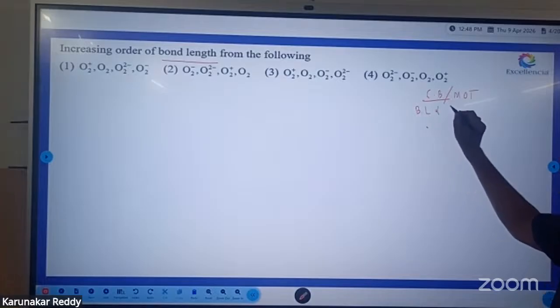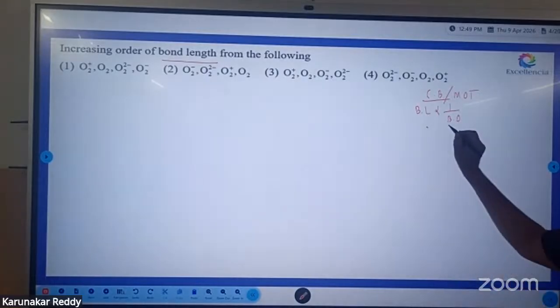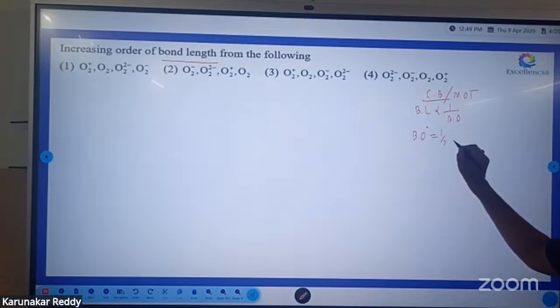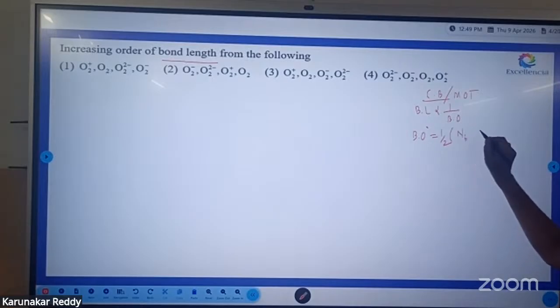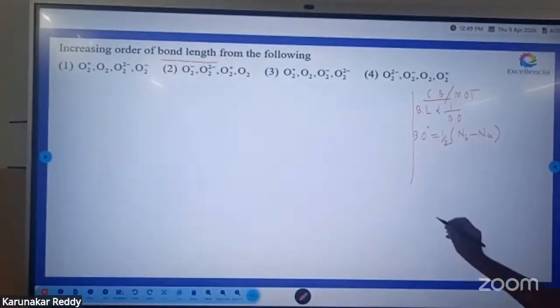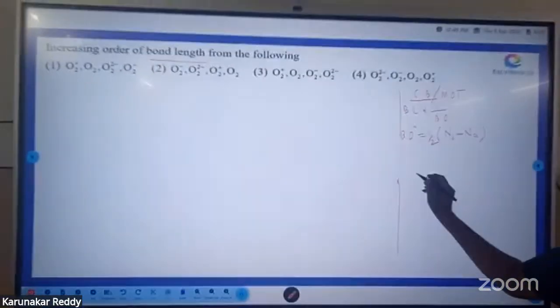Bond length is inversely proportional to the bond order. As the bond order increases, bond length decreases. To calculate the bond order, we have a formula: 1 by 2 of Nb minus Na, the number of electrons present in the bonding molecular orbital minus the number of electrons present in the anti-bonding molecular orbital. But we have already calculated some data regarding this bond order.